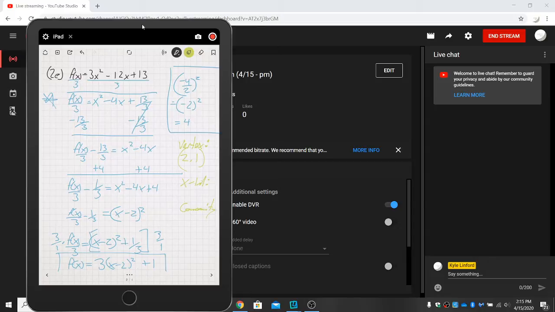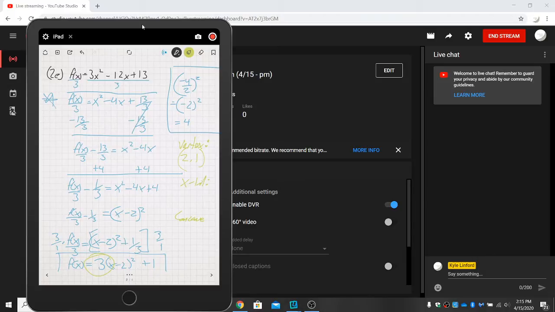Now, let's start with the concavity. Is this parabola opening upwards or is it opening downwards? Well, remember that we talked about what is the number that's being multiplied by the squared quantity. Here is the squared quantity. So what number is multiplying it? What's that scale factor?